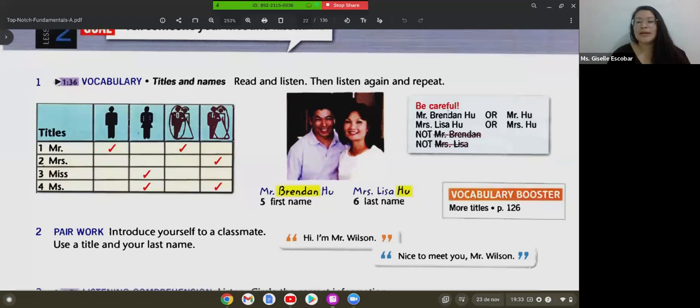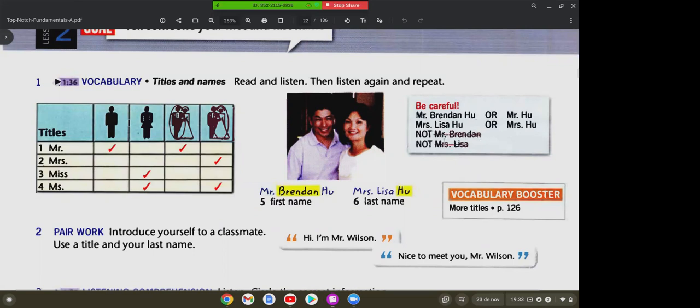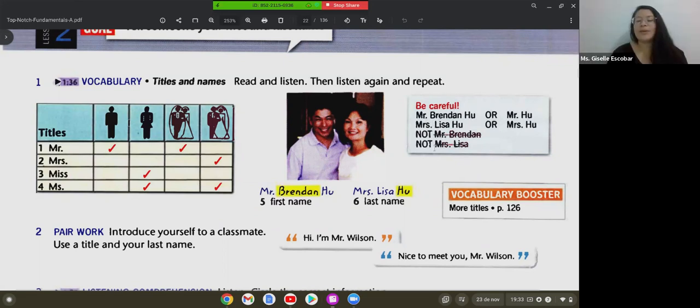Estábamos viendo acá también en este cuadrito que cuando utilizamos un título únicamente lo utilizamos con el apellido o con el nombre y el apellido, como en los ejemplos que tenemos aquí. Mr. Brendan Hugh, Mrs. Lisa Hugh. No podemos utilizar los títulos únicamente con el nombre. Solo con apellidos, o el nombre y el apellido.